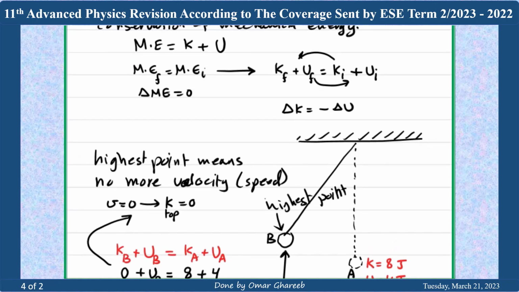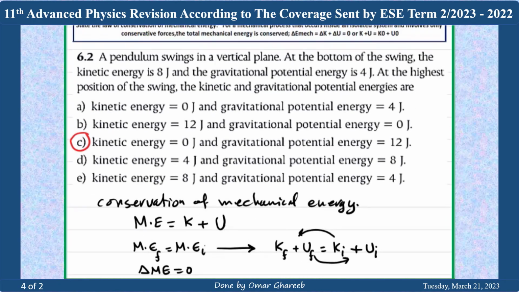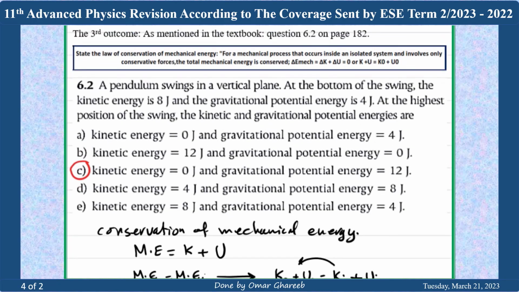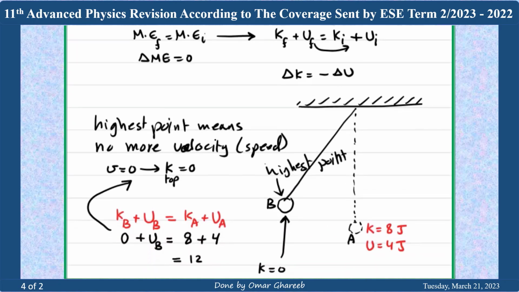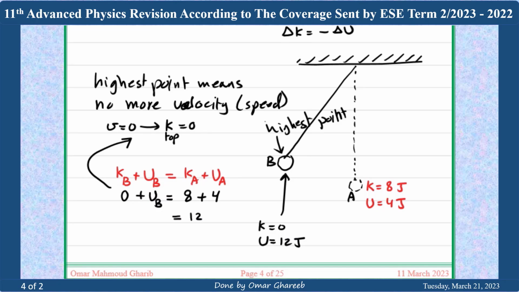For any system with no resultant force acting on it, the mechanical energy should be conserved, and we have kinetic plus potential energy at any point equal to the kinetic and potential energy at any other point.